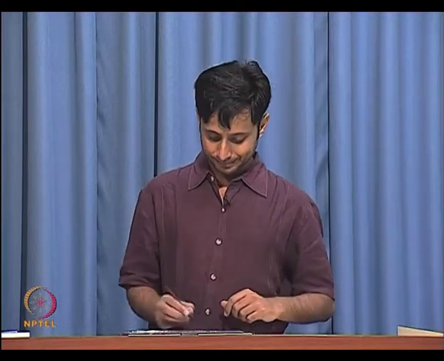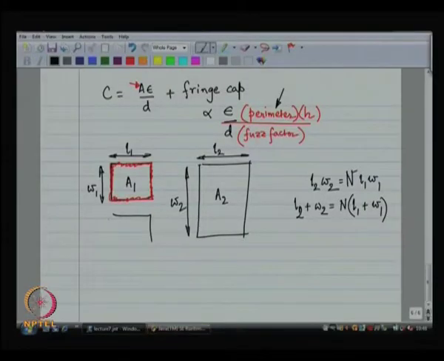You can also just put two capacitors each of size A1, and then you basically get the advantage of both area doubling and perimeter doubling. So, that is also a possible way to do things.